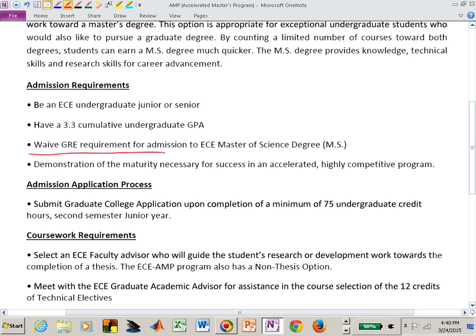So the A&P, do we have to complete a thesis? You have the option. You can do a master's with a thesis. You could do a master's without a thesis. If you do a master's with a thesis, then 6 of those units would be your master's.